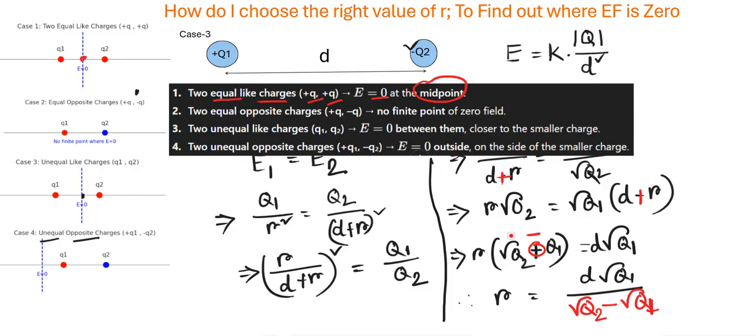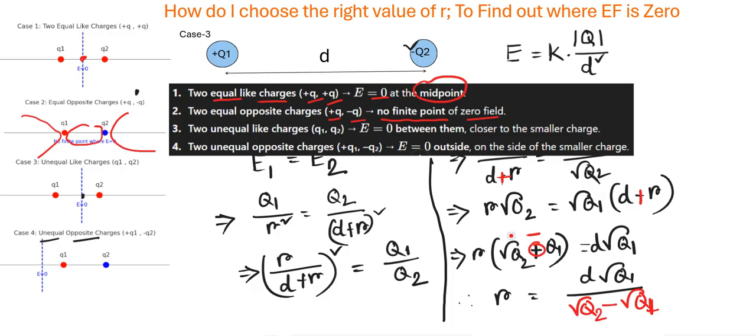Two equal but opposite charges: this is plus Q, this is minus Q. It doesn't have any value either in between the two charges or outside. We don't know exactly. That's why we have written down here no finite value where electric field is 0.